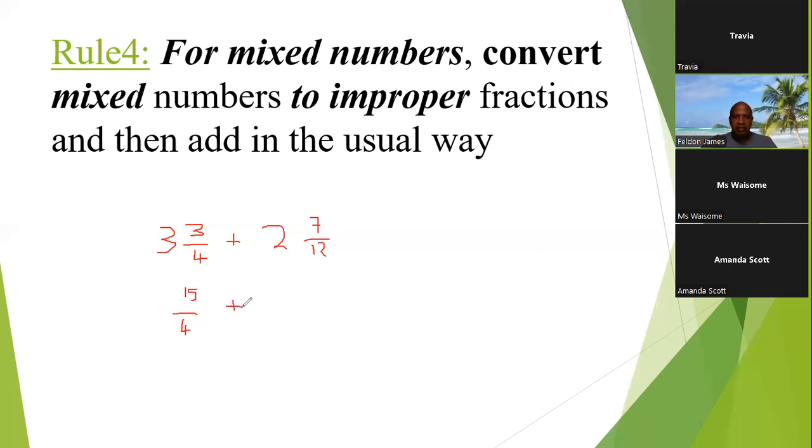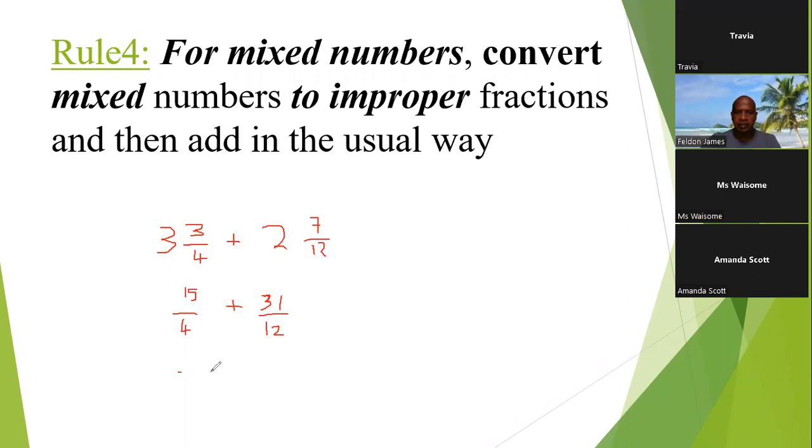What next? Next we have 2 twelves, 24, plus 7, 31. 31 over 12. All right. And what next? Then we're going to find the lowest common multiple.